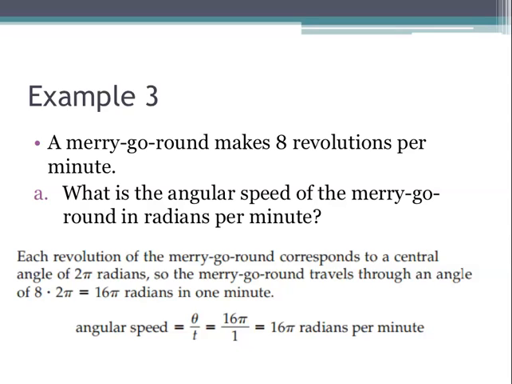Okay, now parts B and C refer to the linear speed. So now that you found the angular speed, this actually makes finding the linear speed much easier, right? Once you have the angular speed, remember that the angular speed is related to the linear speed. All you have to do is multiply by the radius.